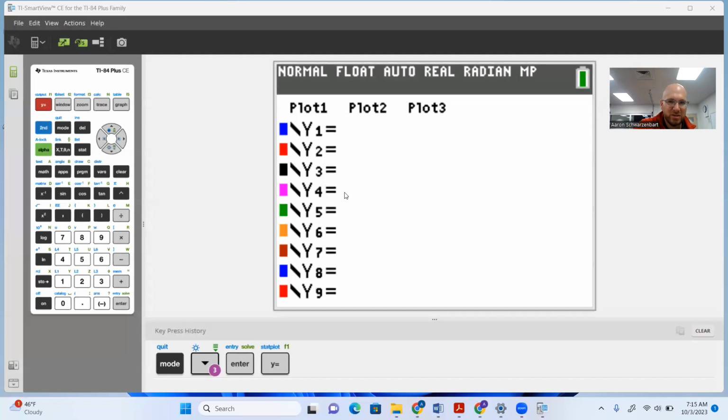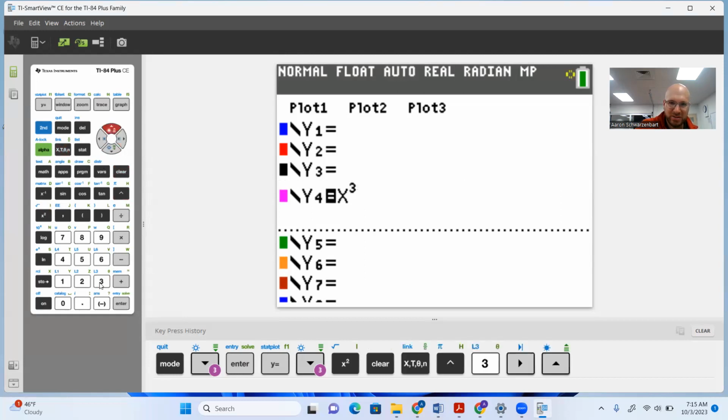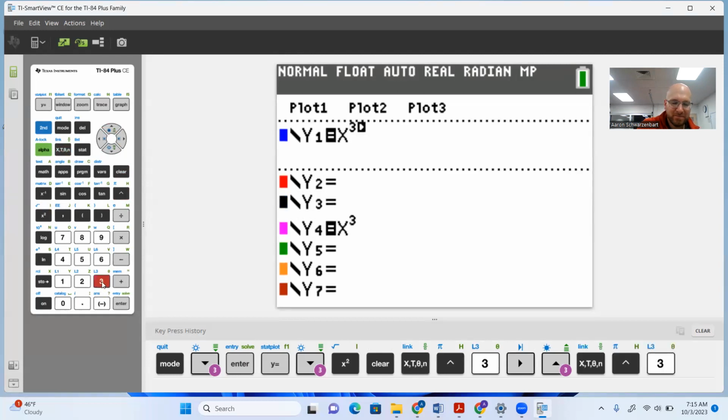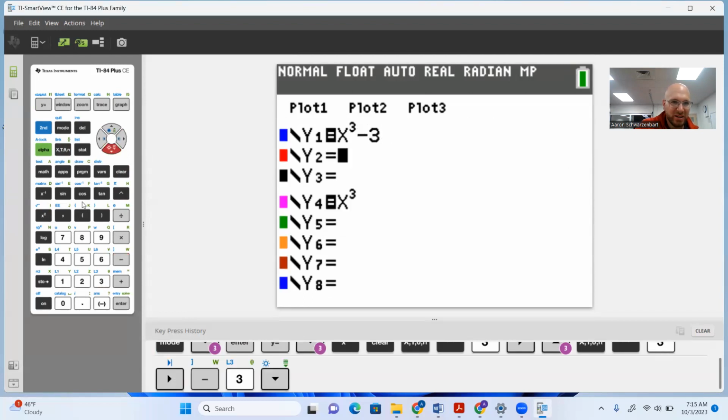So my original here was purple, so I'm going to put it in as purple. X cubed was my original. My second one I did in blue, which was x cubed minus 3. My third one I did in red, which was x plus 2 cubed.